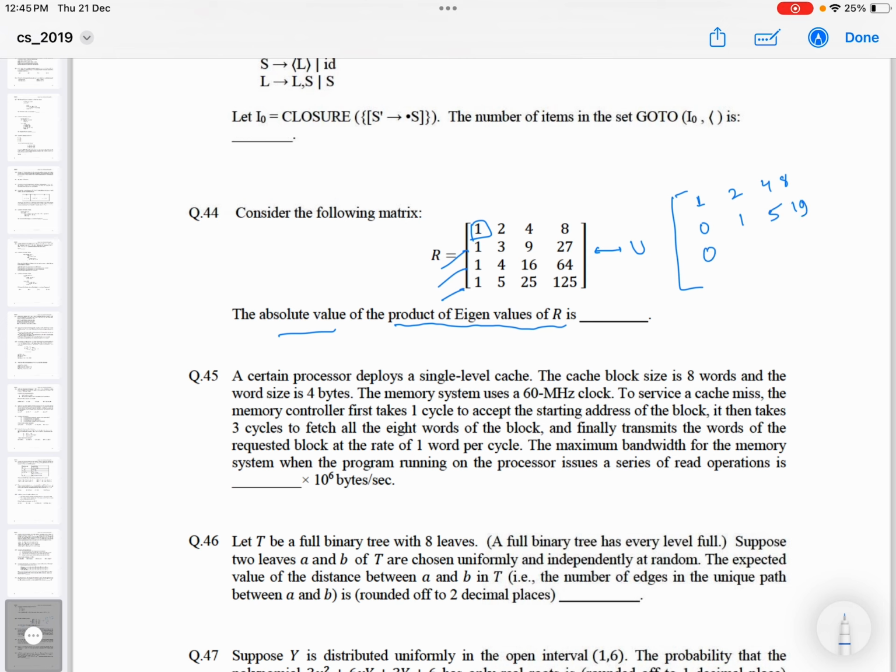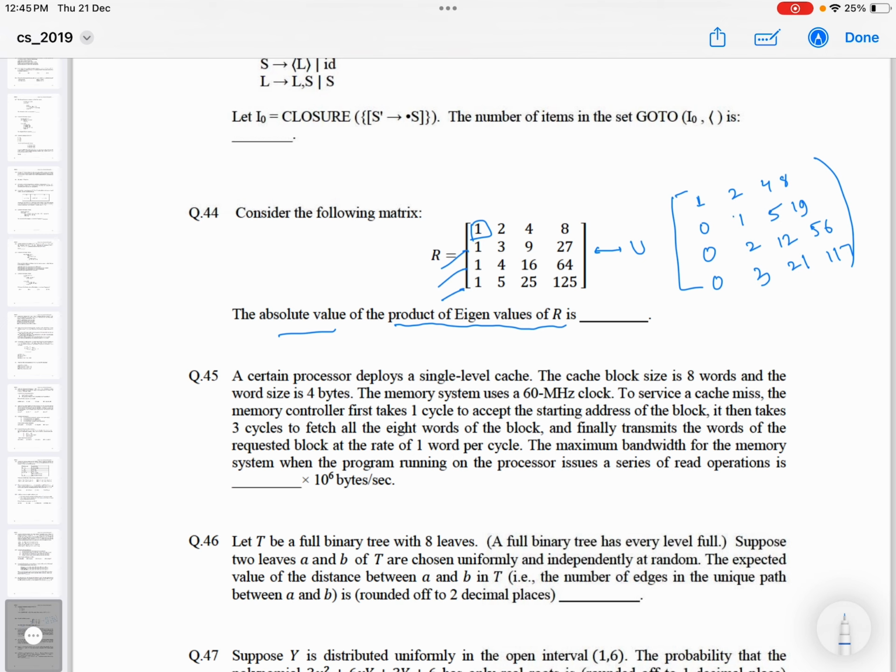Then here we will have 0, 4 minus 2 is 2, 16 minus 4 is 12, 64 minus 8 is 56. Here 0, 5 minus 3 is 2, 25 minus 4 is 21, and here we will have 125 minus 8 is 117, right?